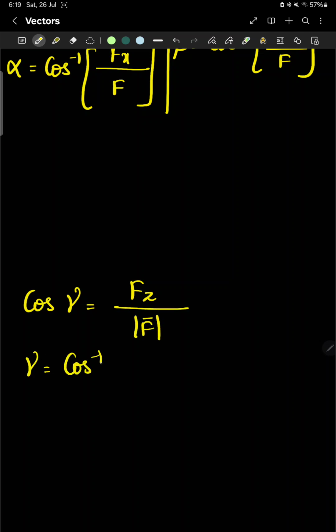So gamma can be written as cos inverse of Fz divided by F.